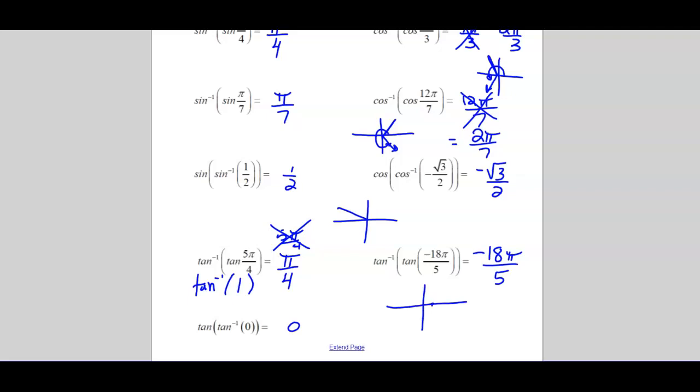So this would be negative 10 pi over 5, negative 15 pi over 5. So it'll be in the 1st quadrant here. Negative 18 pi over 5. Okay, so what's that reference angle in there? There's a 3 pi, so this will be 2 pi over 5.